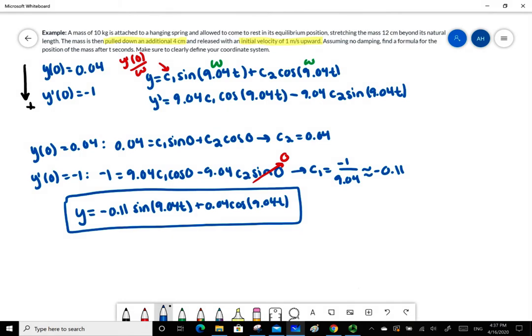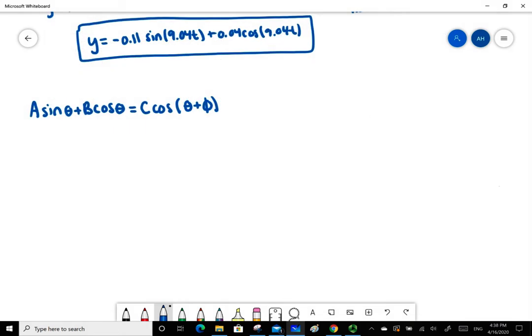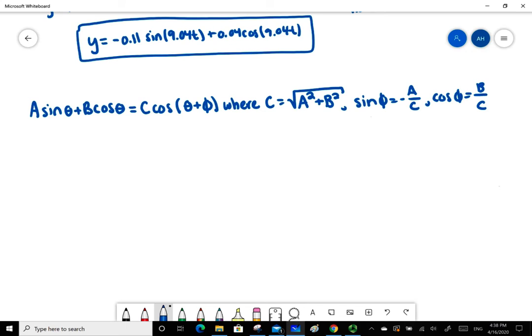To write a function of the form a sine theta plus b cosine theta as a single trig function, we need to dust off some old relics from trigonometry. To write a sine theta plus b cosine theta as c cosine of theta plus phi, we use the formulas c equals the square root of a squared plus b squared, sine of phi equals negative a over c, and cosine of phi equals b over c.